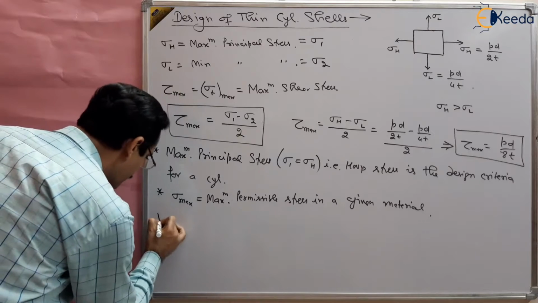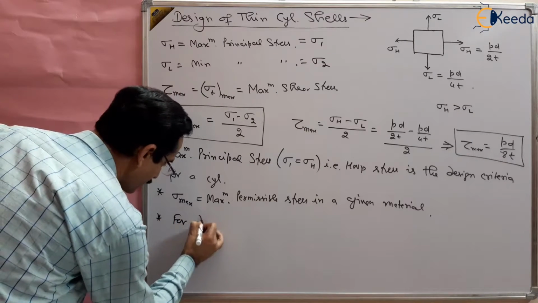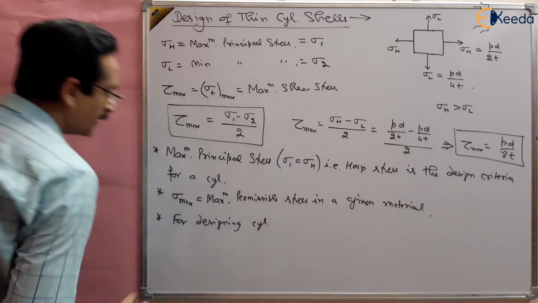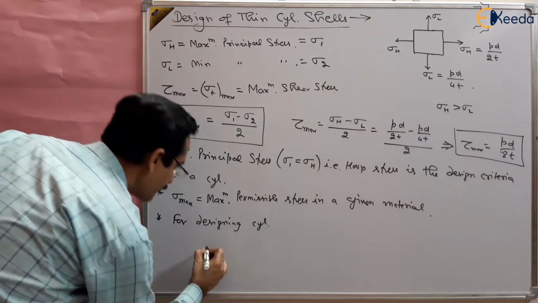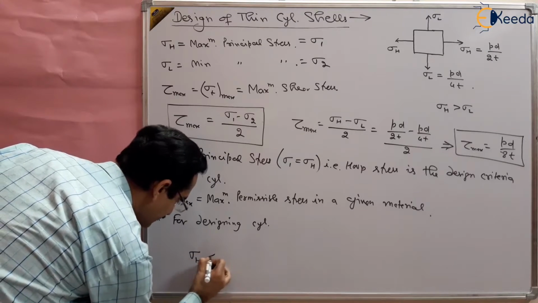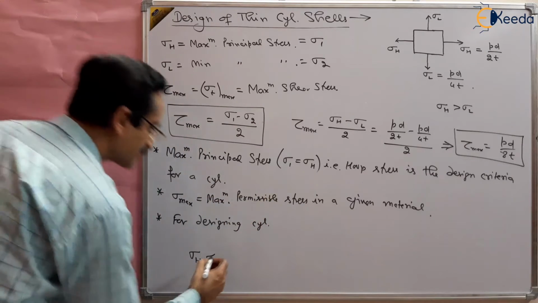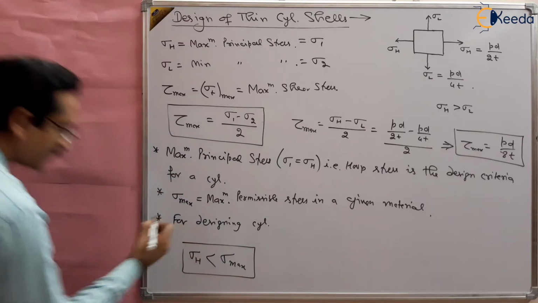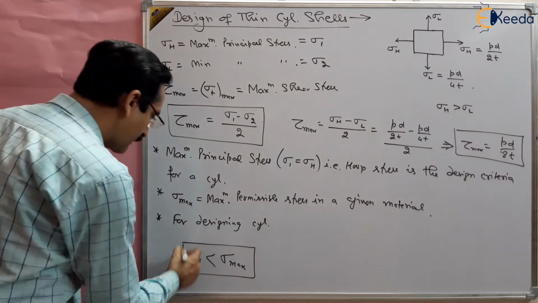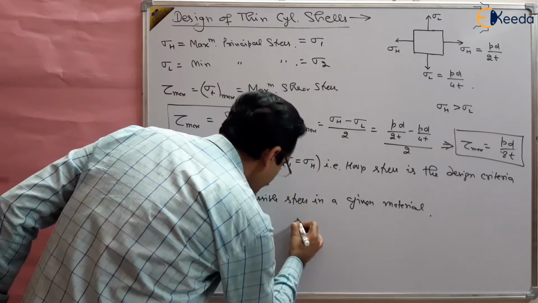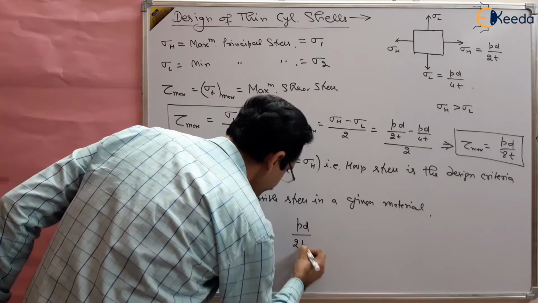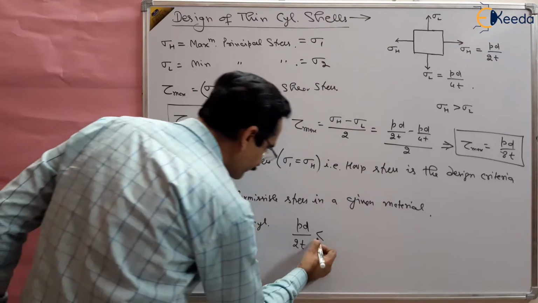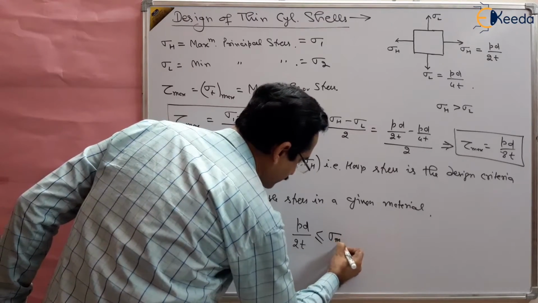So for designing a cylinder, the stress sigma h produced in the material should be less than the maximum permissible stress of the material. Otherwise, the material will fail. So sigma h should be less than sigma max, or you can say PD by 2T should be less than or equal to sigma max.